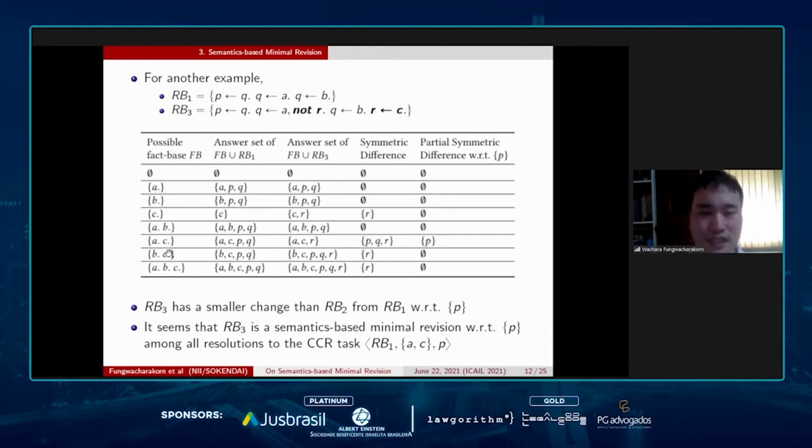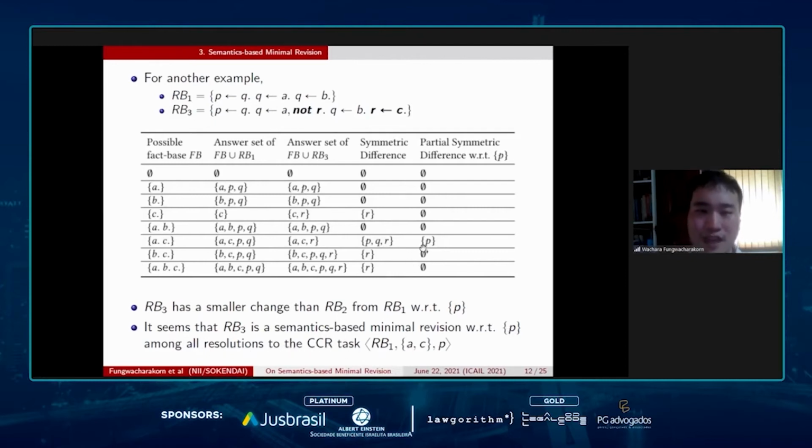So we can see that RB3 has a smaller change than RB2 from the original rule base RB1 with respect to the set of P. And it seems that RB3 is a semantic-based minimal revision with respect to P among all the solutions to the CCR task.